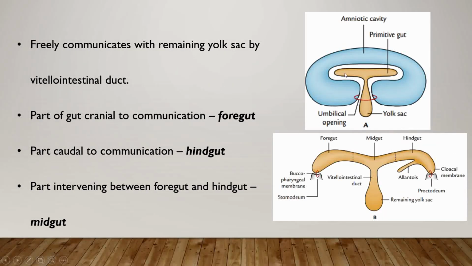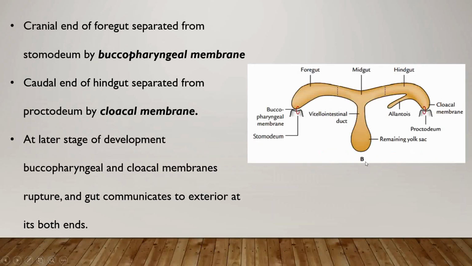But this primitive gut is freely communicating with the remaining yolk sac, here, by the vitellointestinal duct. The part of the developing GIT proximal to this communication is going to form the foregut, distal to that is the hindgut, and the part which is intervening here is the midgut.